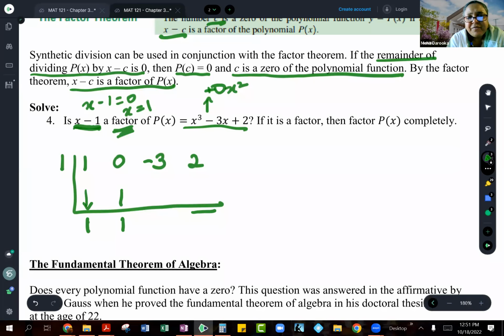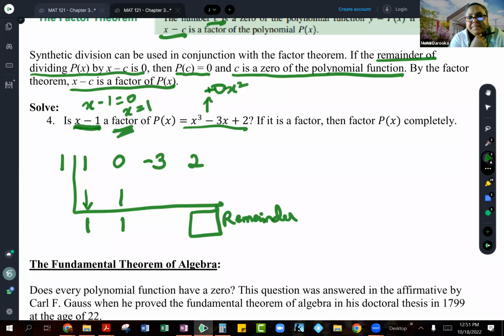Go ahead and finish this and tell me, are you getting a 0 remainder or not? Because if you don't get a 0 remainder, you don't have a factor.